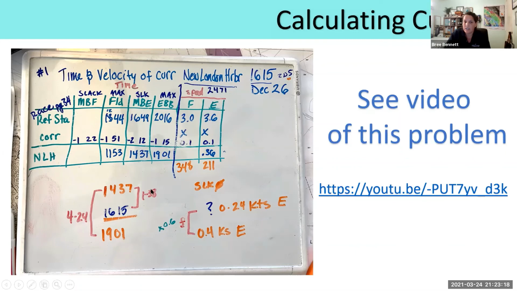Then I always get my time to slack, and I always apply my factor to the maximum. That is currents. You can watch my video there. If you want to practice more currents, let me know, and I can get some current questions for you.